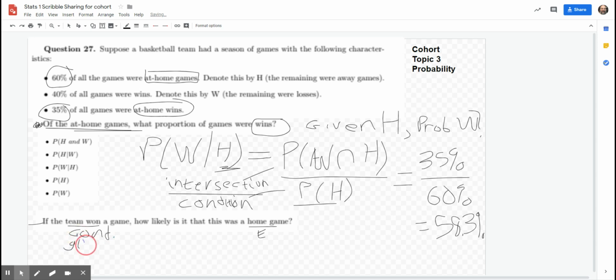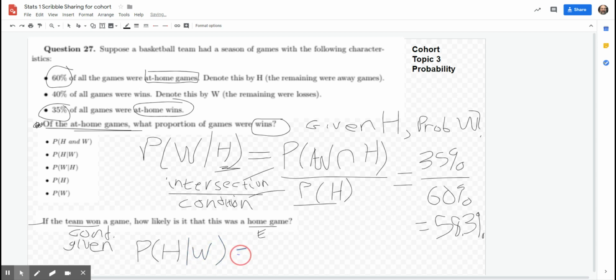And once I know that, well, once you've identified those things, then it's just a ritual of numbers and symbols, right? This question is actually asking, what is the probability that we had a home game given that we won?